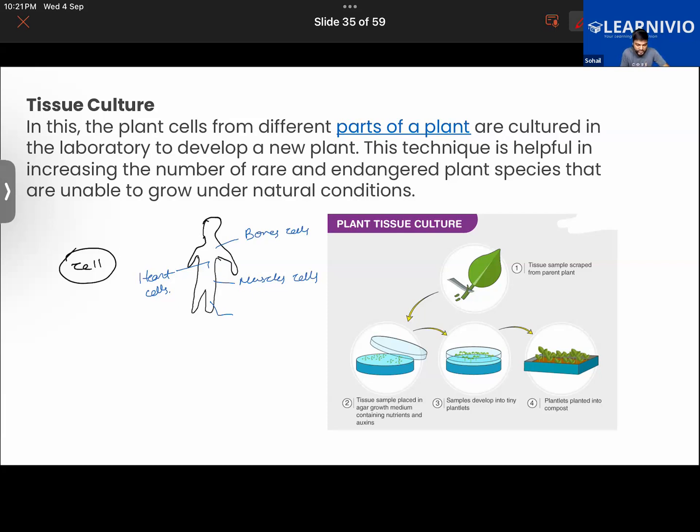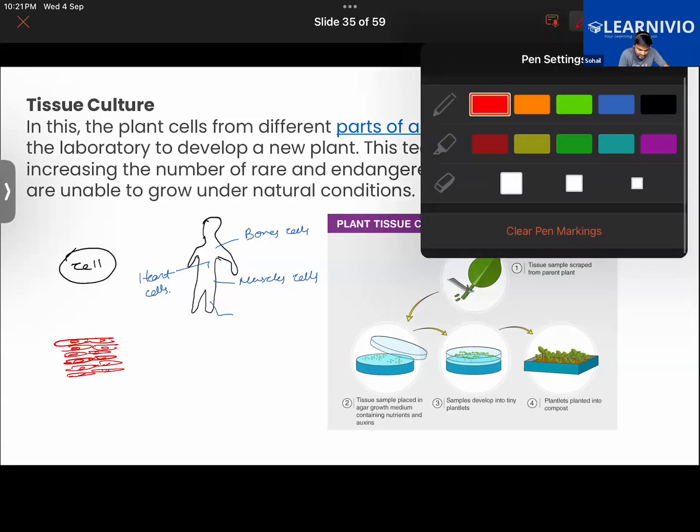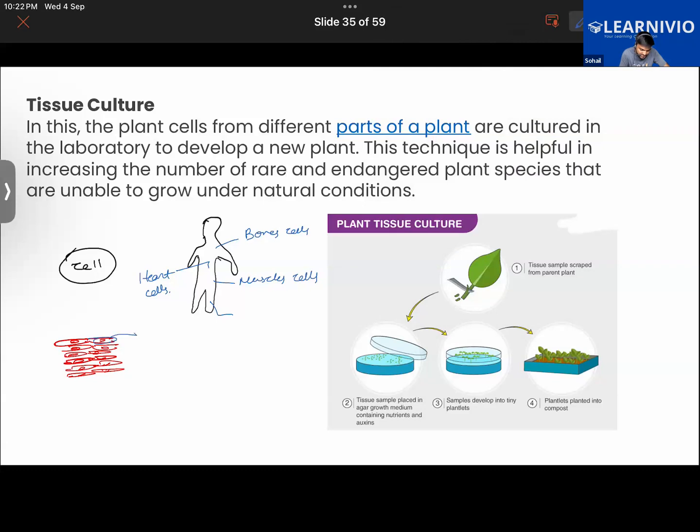Take the case of muscle tissue. Muscle tissue would look like this. I am drawing a rough diagram of the tissue of muscles. This is a muscle tissue, and the small structures that you see here are the cells. Notice how all the cells look similar in structure.